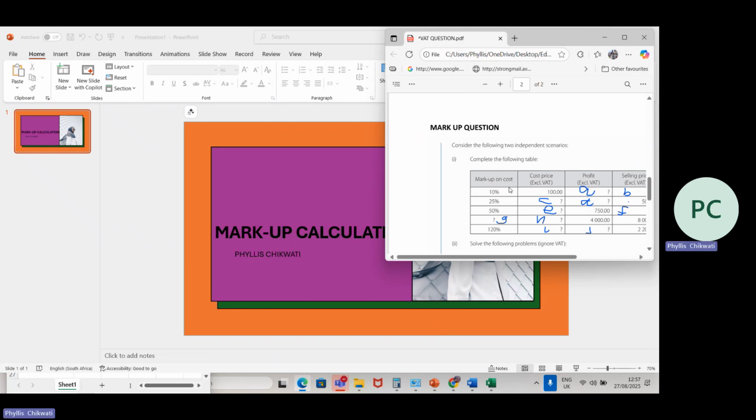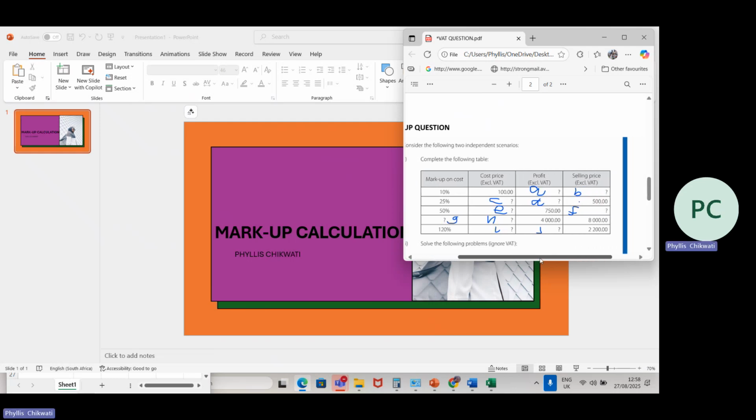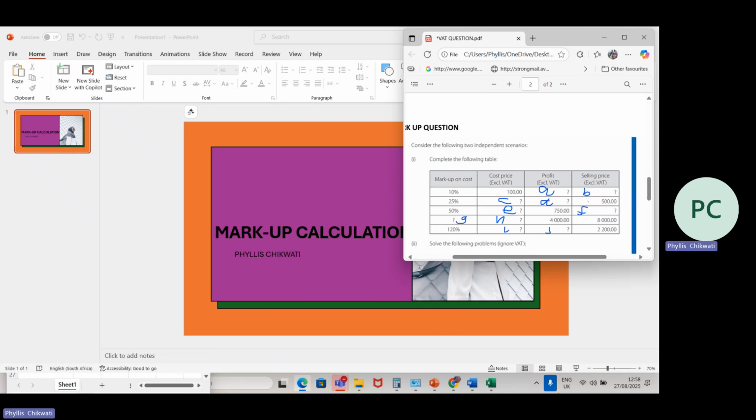We are asked this question here. Okay, so we have some missing points that we need to solve. We have to complete this table where we have our markup on cost as 10%, we have our cost price as 100, and we also don't know how much is our profit and how much is our selling price.